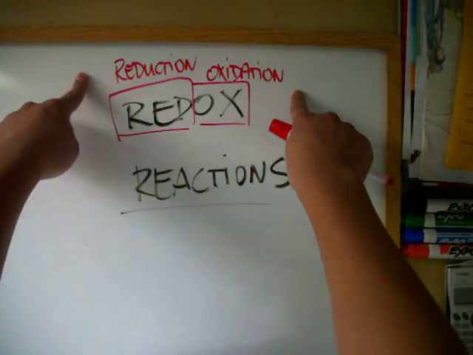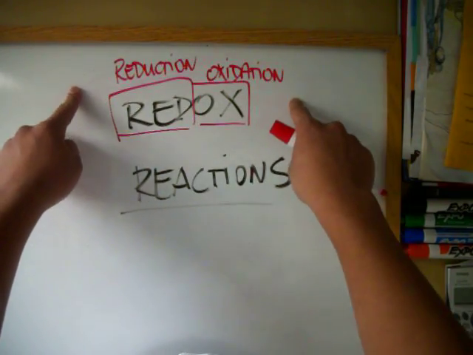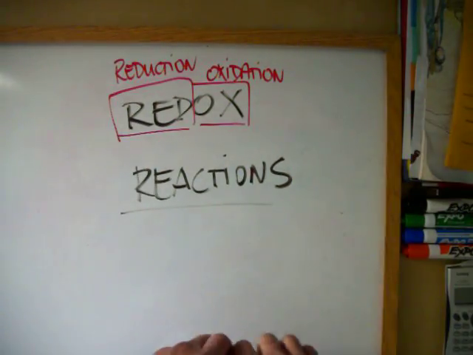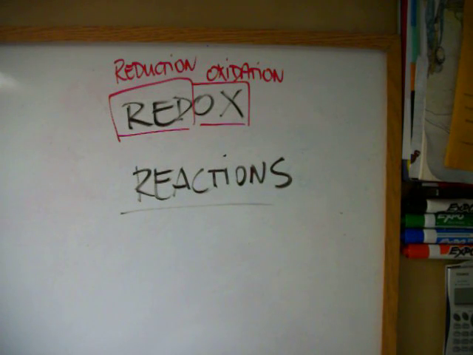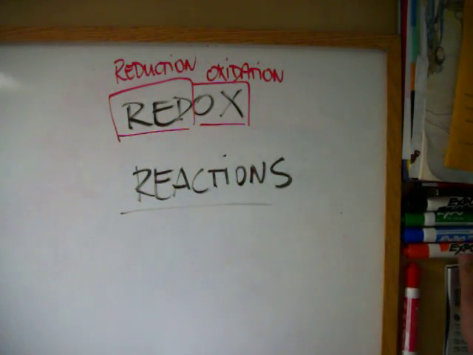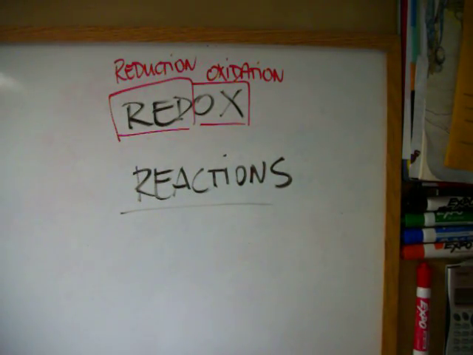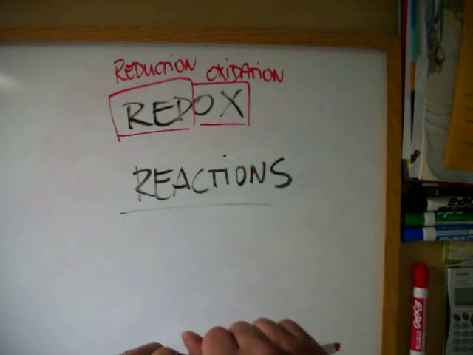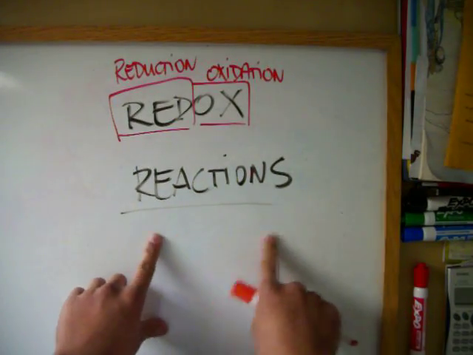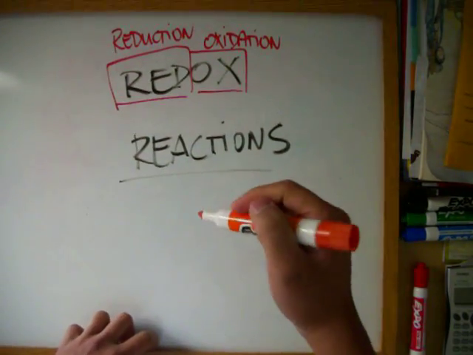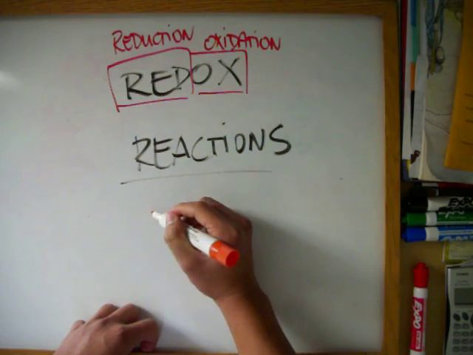So reduction and oxidation are two different things, and how do we tell them apart? Well, there's this poem, and it's really intricate and hard to memorize, but I'm pretty sure some of you have heard it. It's called OIL RIG.